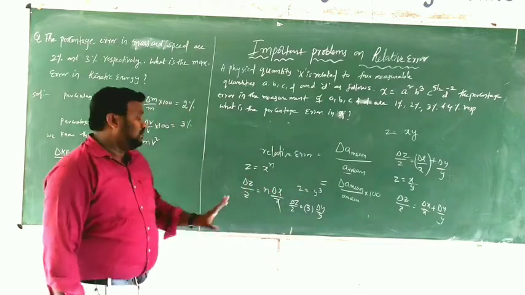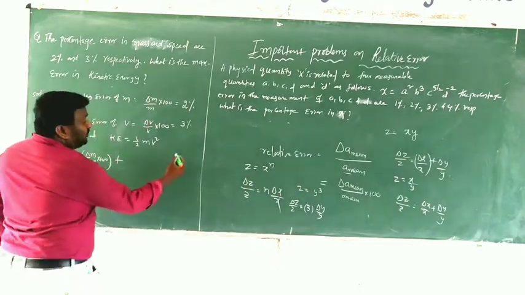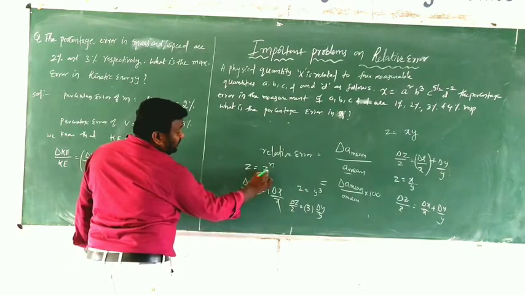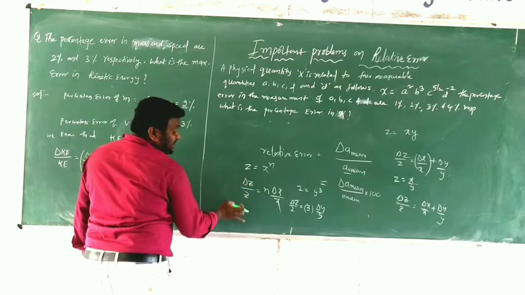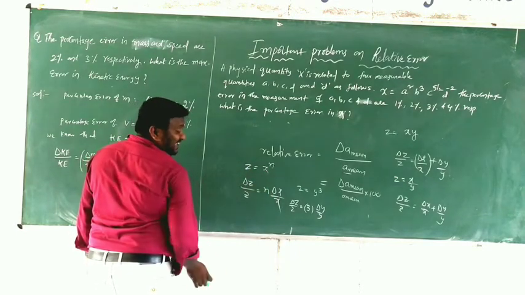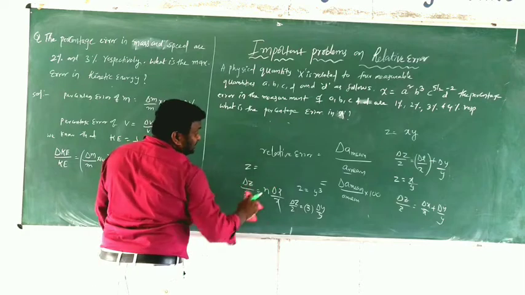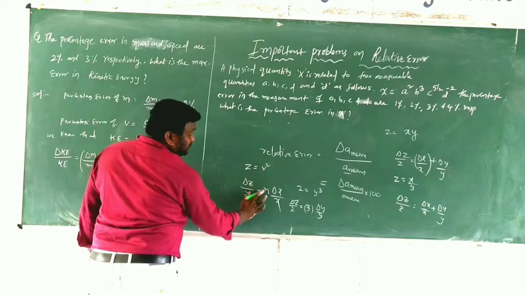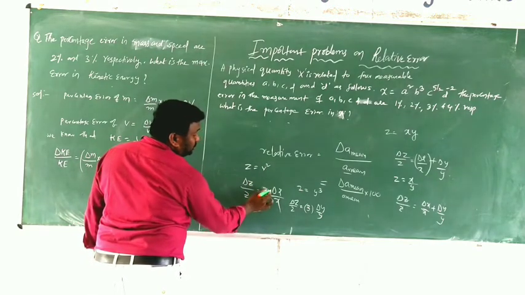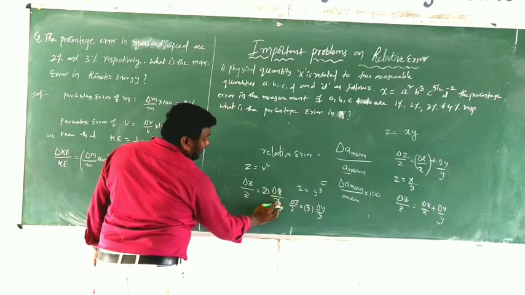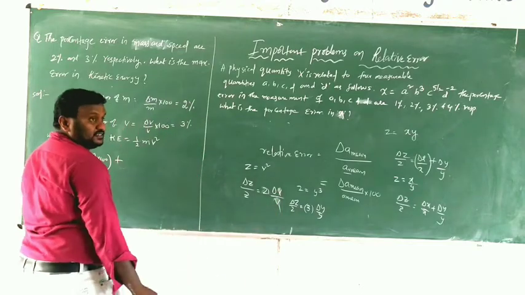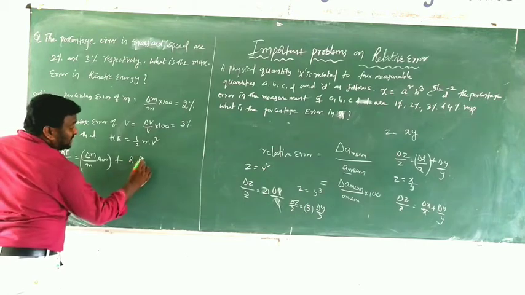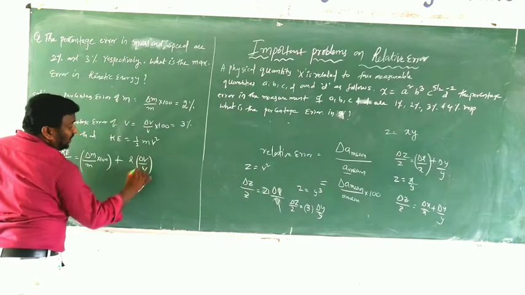So by using these formulas, now for v square, z is equal to x power n gives delta z by z is equal to n into delta x by x. Now z is equal to v square, so we get 2 into delta v by v. That's why I am writing 2 into delta v by v into 100.